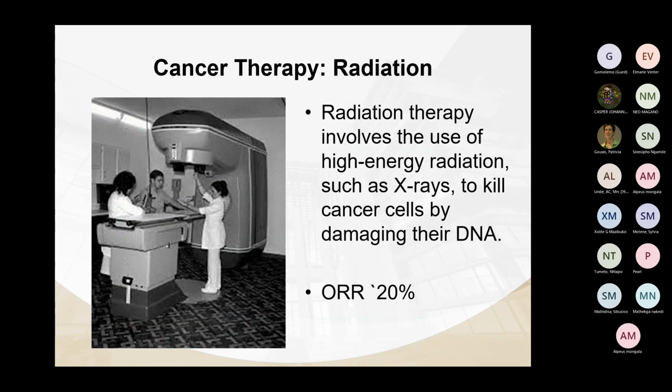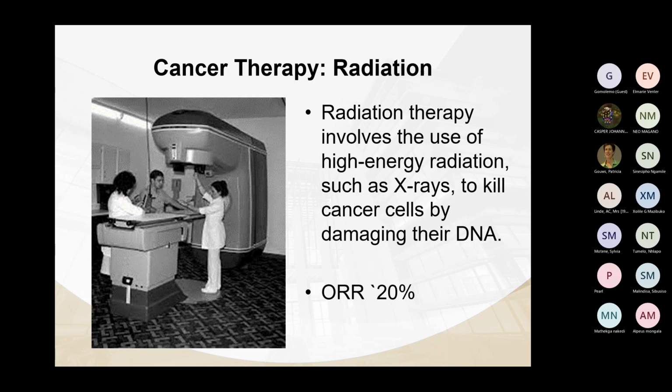We do have also radiation, where you shine high energy radiation towards the body, and that X-ray damages the DNA of the cancer, allowing those cancer cells to die. However, this type of treatment is not always great because it also damages the normal cells.